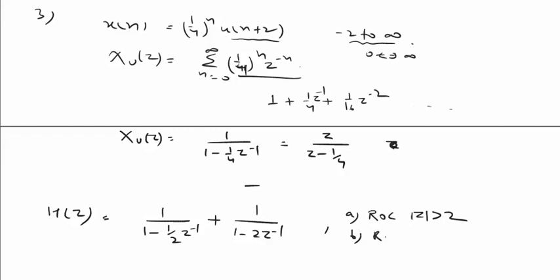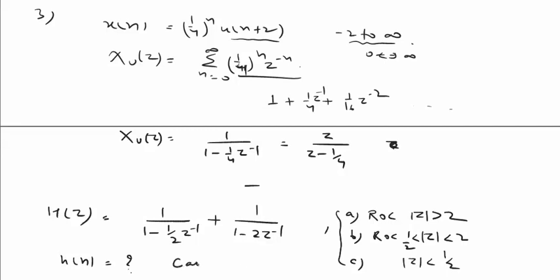Case B: |z| between half and 2. Case C: |z| less than half. In all three cases we want to generate the h[n] sequence and comment on causality and stability.